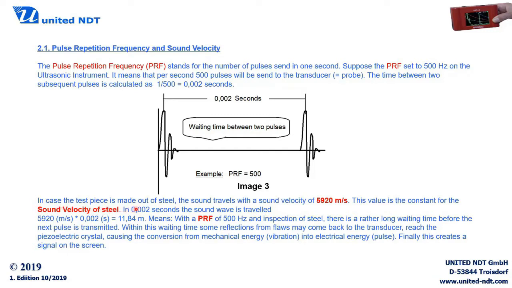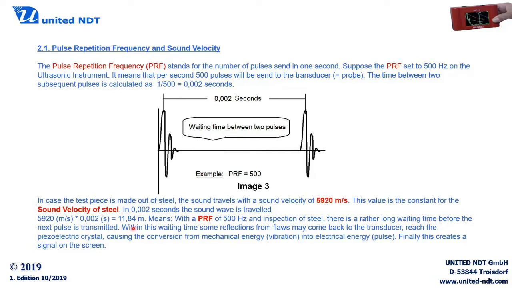In 0.002 seconds, the sound wave has traveled 5,920 meters per second multiplied by 0.002 seconds, which is 11.84 meters. It's quite a long way in this short time, 11.84 meters. Which means when the PRF of 500 Hz is selected and we inspect steel, there's a rather long waiting time before the next pulse is transmitted.